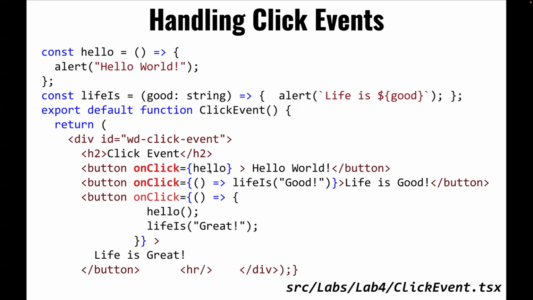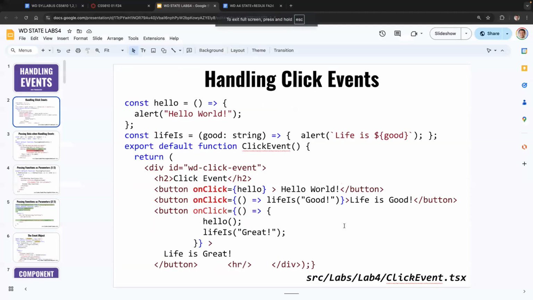Here it is being applied to the button, but in reality, it can be applied to any element. You can make a header clickable, a div can be clickable, anything can be clickable. But more commonly, we apply it to things that are recognizable as being able to be clicked, such as a button. And this is the case here.